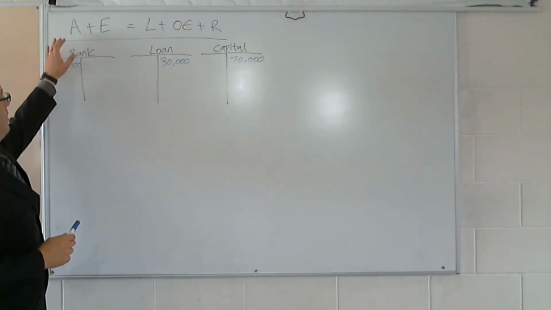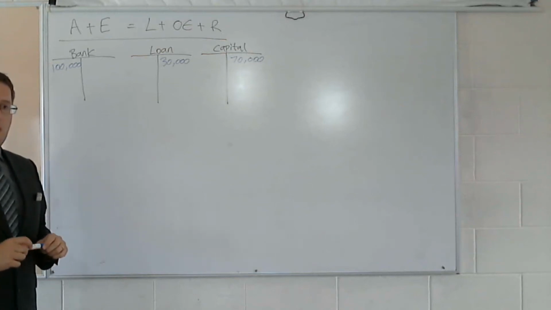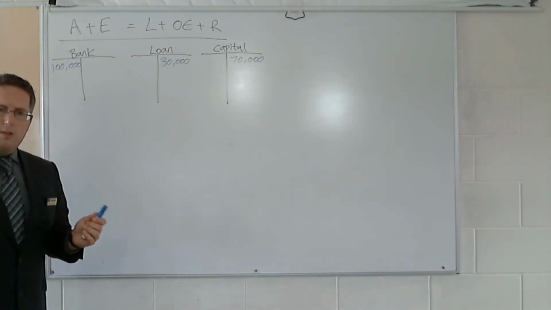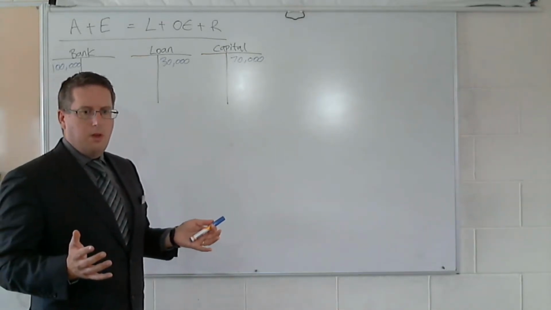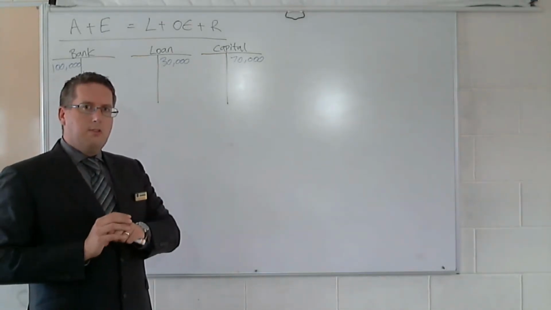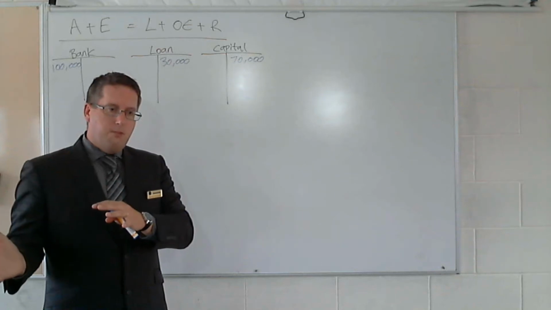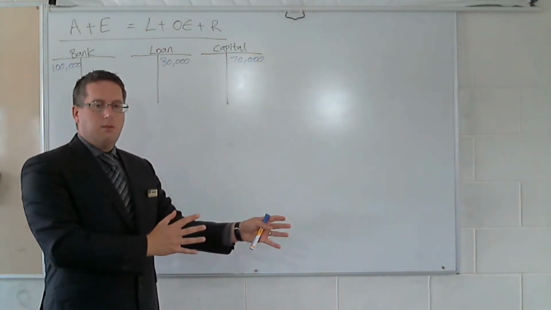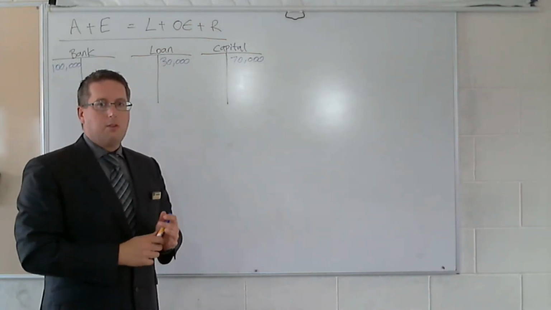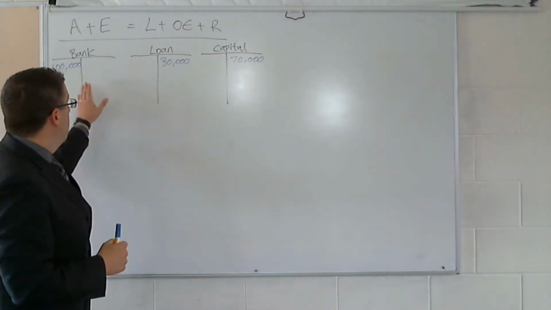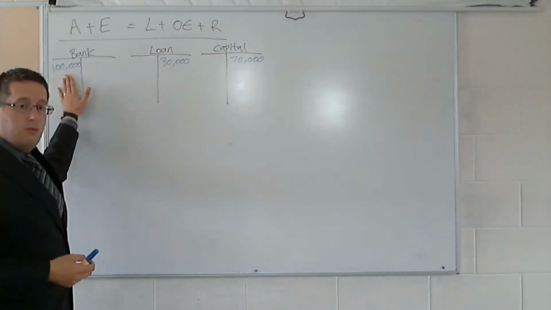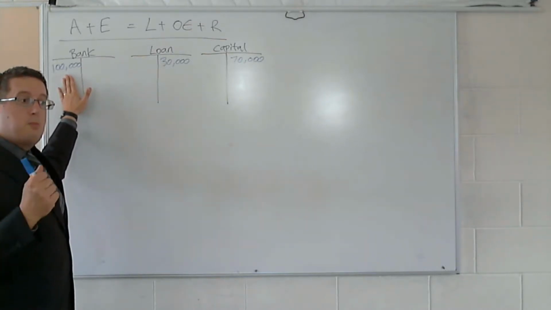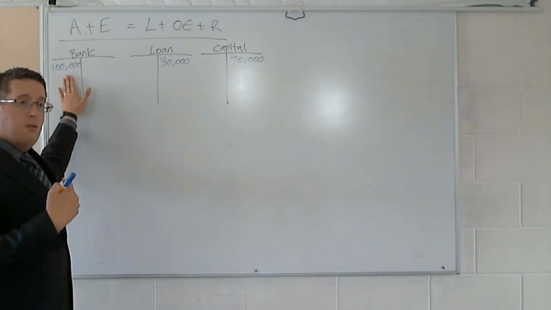Bank account is an asset classification element. And we need to think about what's happening with the bank account balance. To help you think about this, think about what the balance was before this happened, and what the balance is after. That can help you figure out if it's going up or down. Here, the balance before is $100,000. The customer puts money in, so we now have more money.